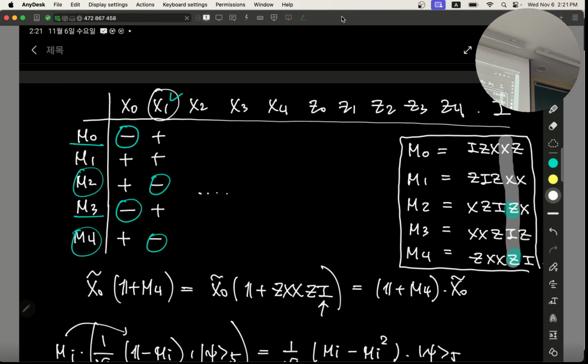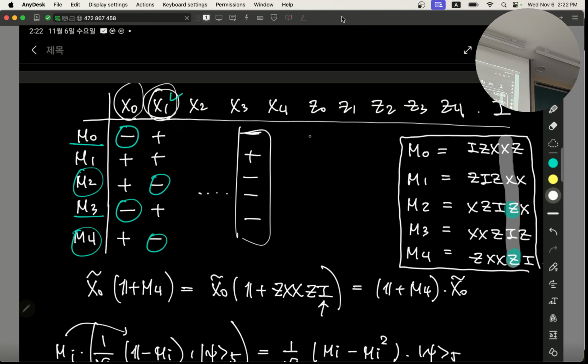So, for example, you could have, let's say, minus, plus, minus, minus, minus, like this, after you take the measurement on this circuit with the ancilla qubits. The combination could be X0 and X1, but there could be another combination.